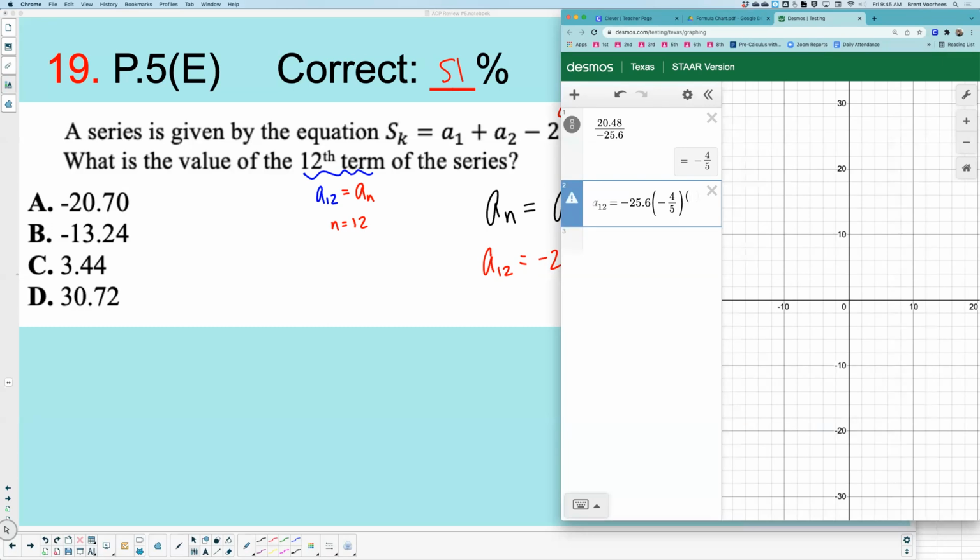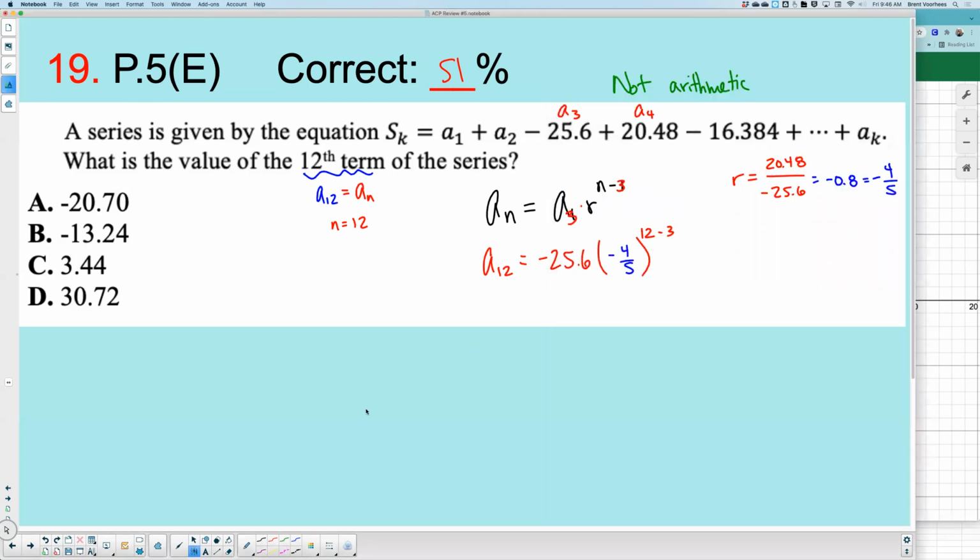Not n minus, that's what we do if we were finding the sum, you would leave the n, but we know what n is, we're not finding the sum. So n is 12, so it'd be 12 minus 3. There you go. So the answer is 3.44. Yep, 3.44. Answer would be C.